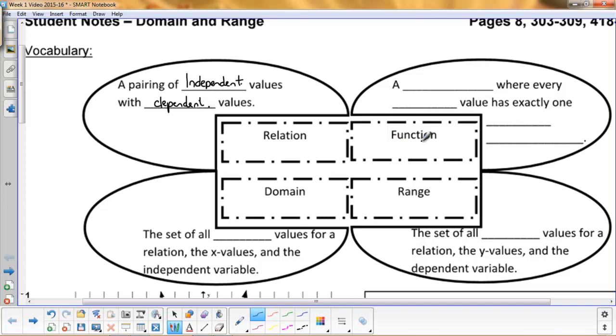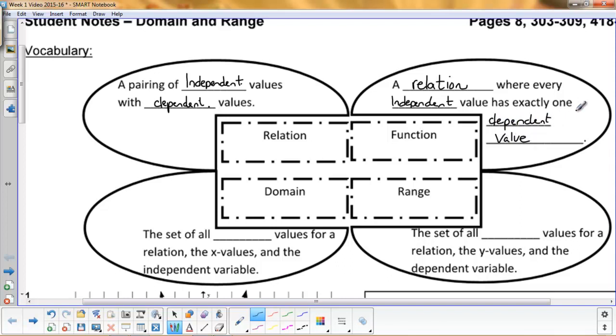A function is defined as a relation, which has a very special relationship between its x and y values. Every independent value, remember those are your x values, has exactly one dependent value paired with it.